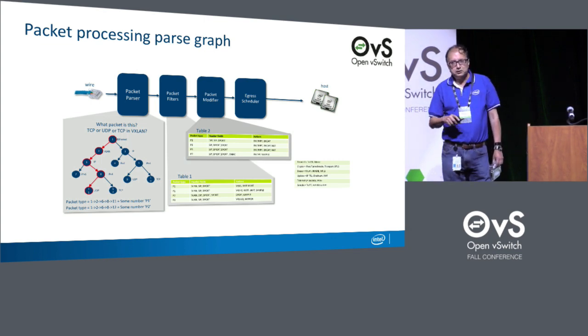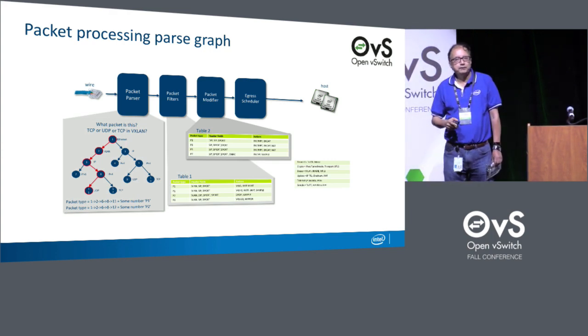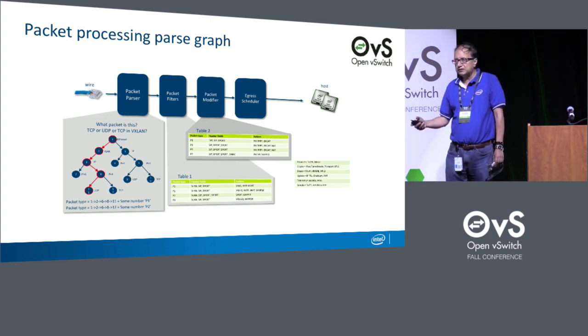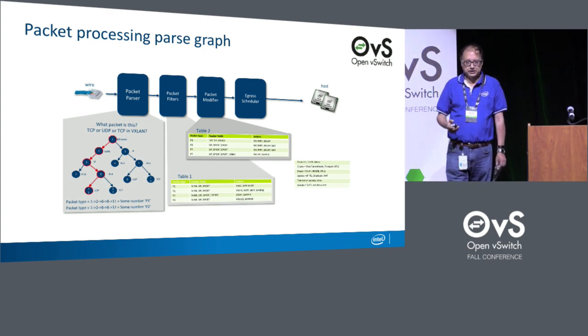So going quickly to my topic directly, packet processing parse graph. What exactly is it? Those of you who have experimented with state machines know that it starts from a start state and reaches some kind of what we call the final state or accept state.